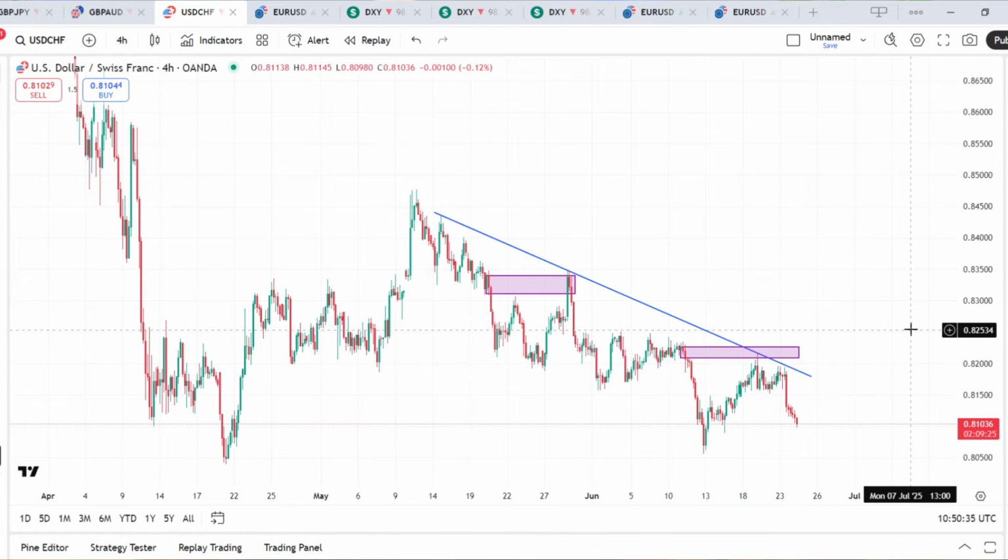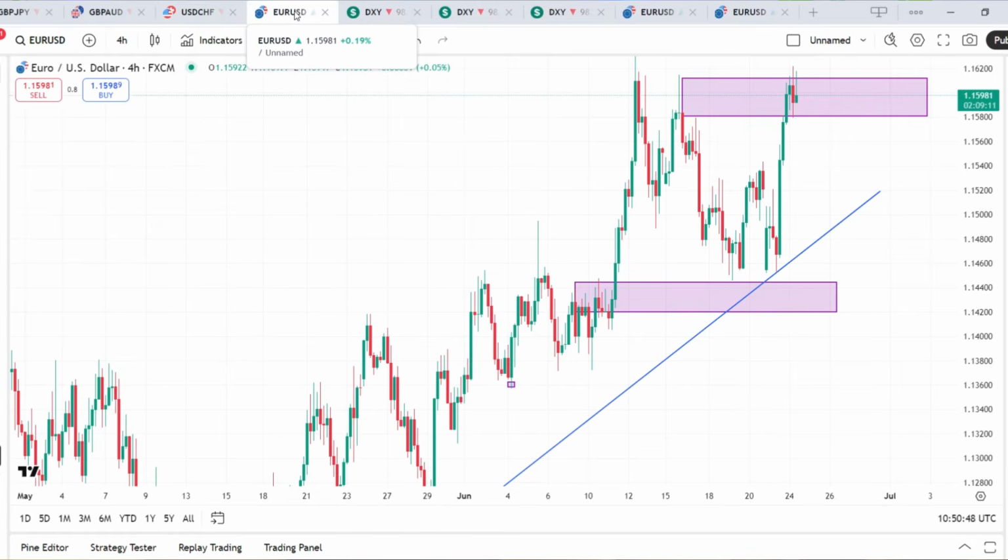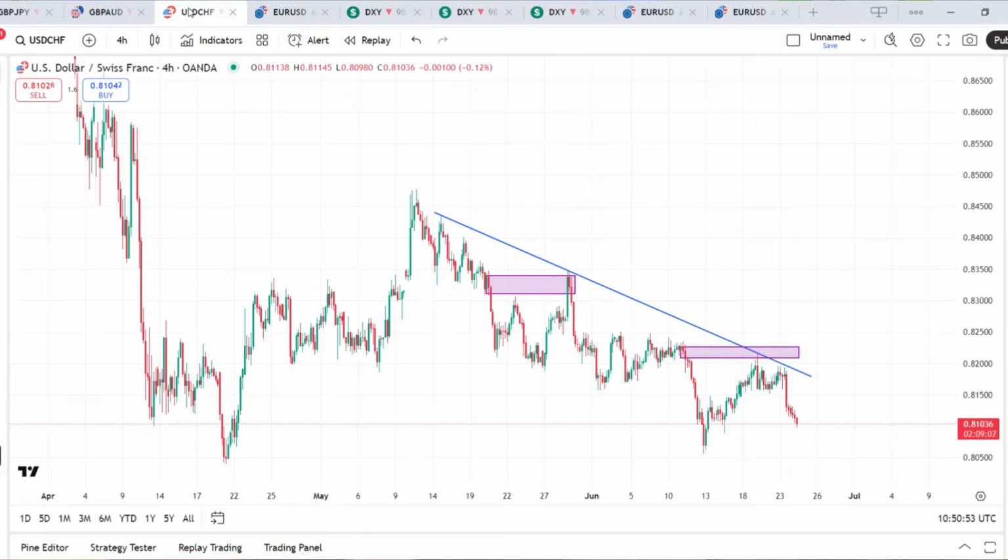So when we're dealing with trend lines, we are not moving away from support and resistance. We are just within that conversation of support and resistance. That is how simple it is with your trend lines. They work in conjunction with support and resistance.